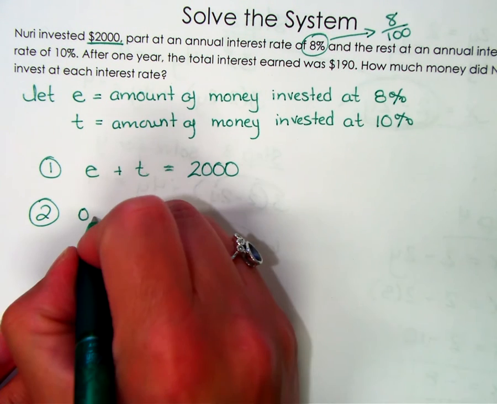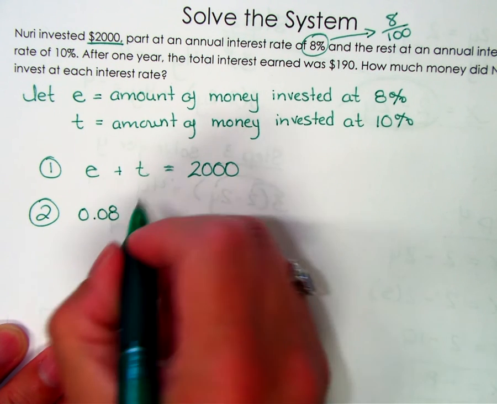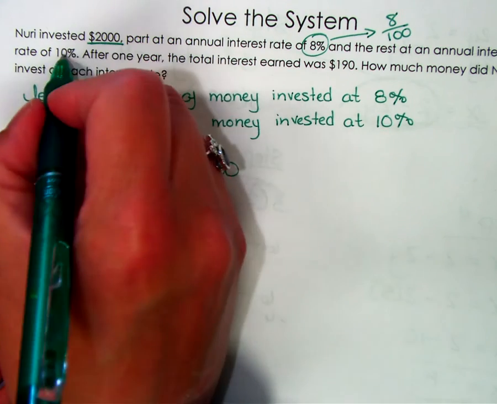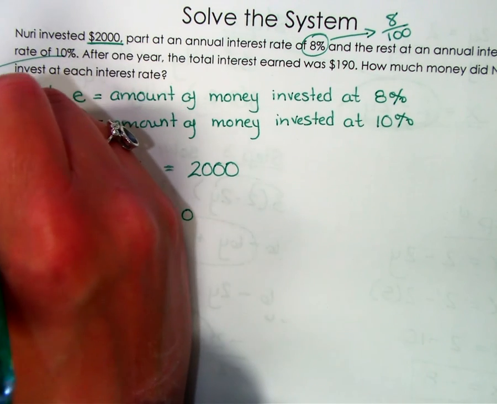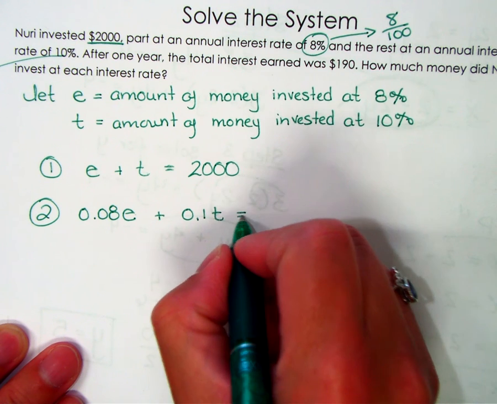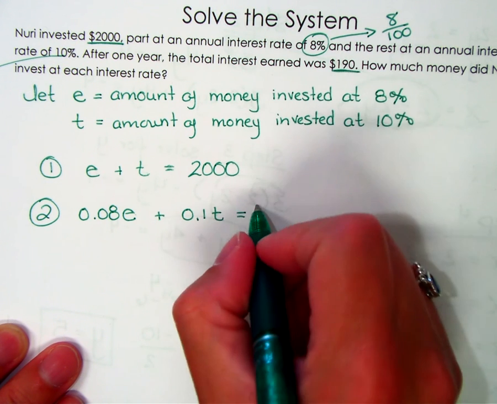That's going to give me 0.08 times E plus 10% converted to a decimal, 0.1 T, equals, and the interest I earned was 190.